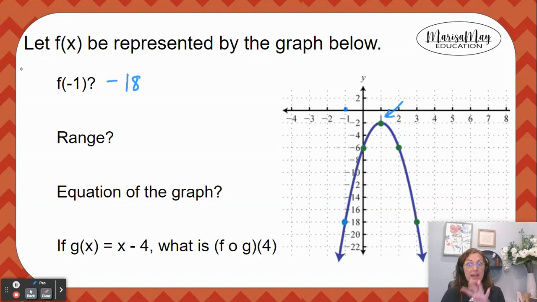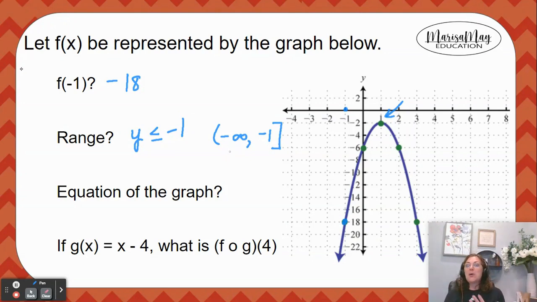So if I want to write my range, I'm going to say all the y values stay less than -1. So one way I could write the range is to say that y is less than or equal to -1. But another way, if my instructions happen to ask me for interval notation, I would say that is from -infinity to -1, and I would use a bracket to show that it is also equal to -1 there.